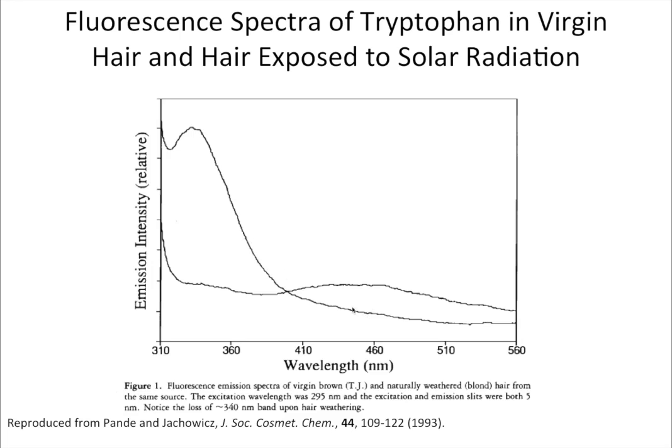In the first one, you have low levels of kynurenines in the virgin hair, unexposed to UV light. But in the one that's exposed to UV light, when the tryptophan drops over here, we see an increase in the kynurenines. And that increase, again, is because tryptophan is degraded to the kynurenines.